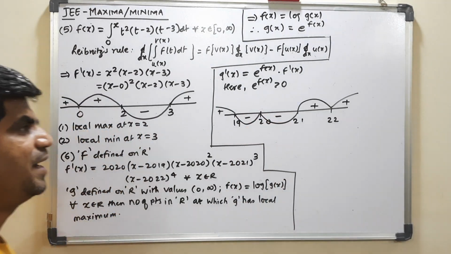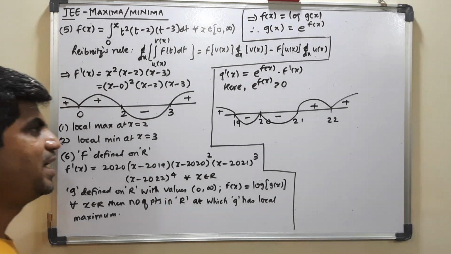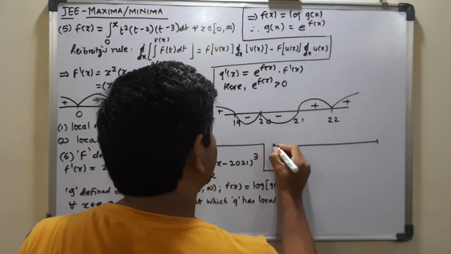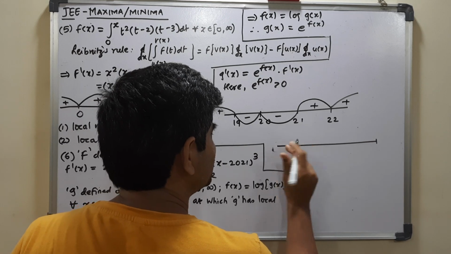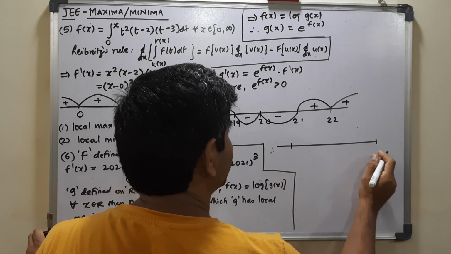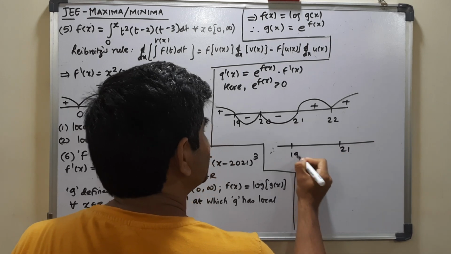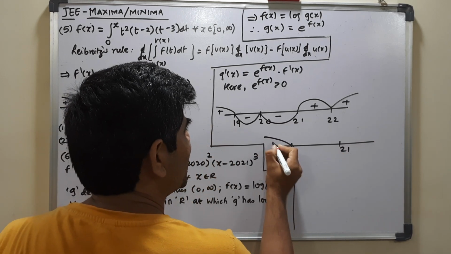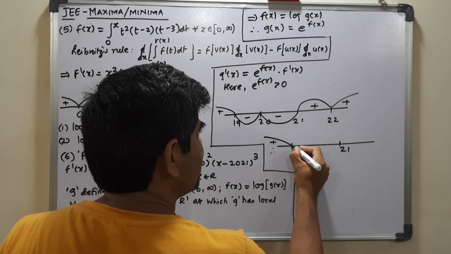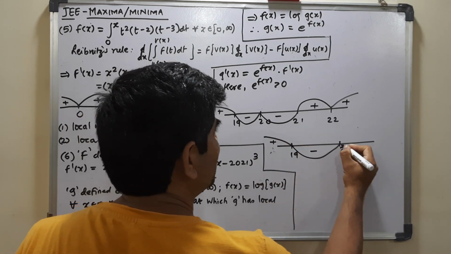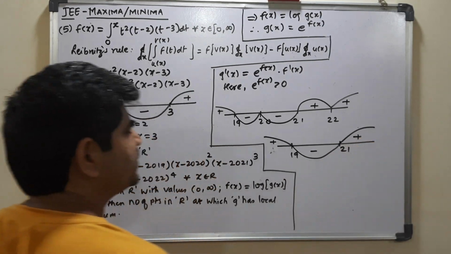Right? That means I can see that actually this graph behaves only at 2 points. That is, this is 19 and this is 21, right? So before 19 it is positive, from here to here it is negative only, and after 21 it is positive.